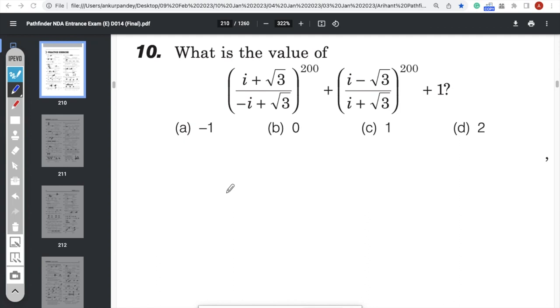So relax and see. Is it a practical question? Practically possible to do? No. It's impractical, 200 power. Hence, there must be something which might be compressing it. Yes or no?